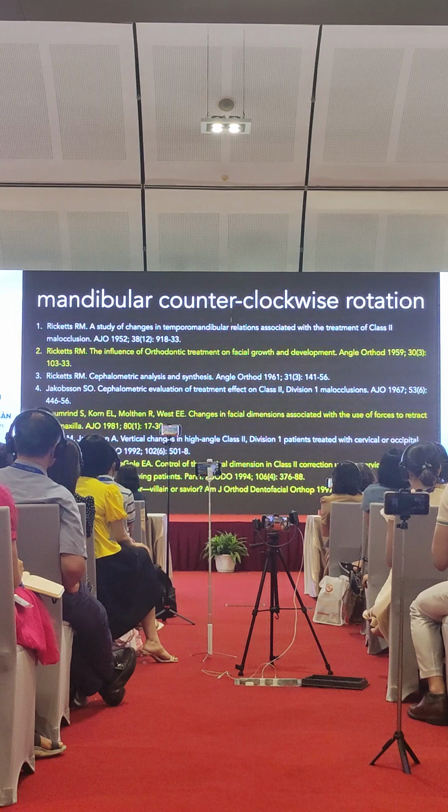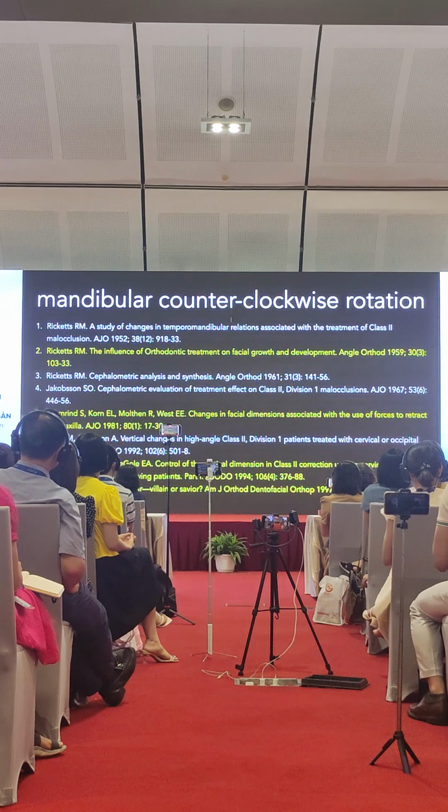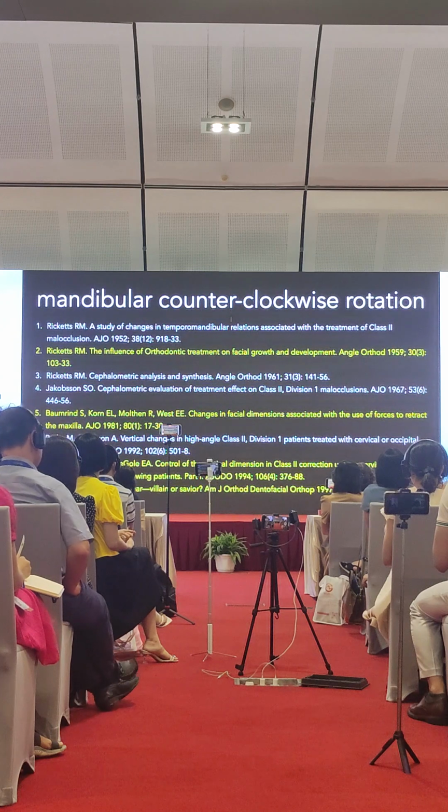That you can affect the occlusal plane, and so you will cause a posterior rotation of the mandible that is not recommended in class 2. So there are many articles that support this theory.